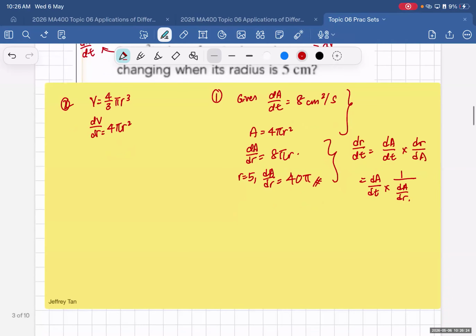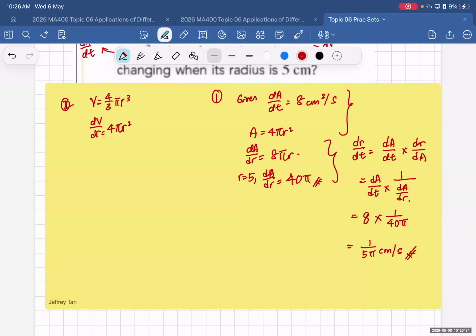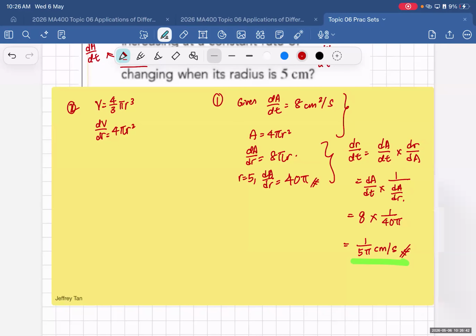Over here, dA/dt is 8, and this is 1 over 40 pi. So you have 8 over 40, which is 1 over 5 pi cm per second. Is that okay? One over 5 pi. Now look at these two. With these two, are you able to proceed? How does that sound? Can or not?